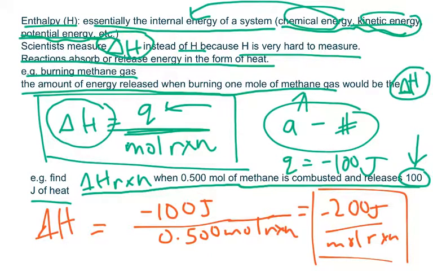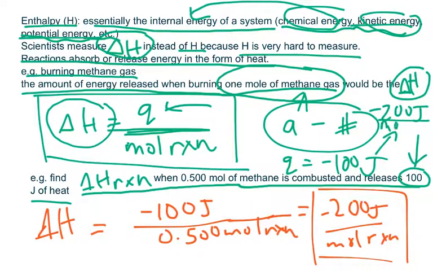So how do we find delta H? Well, delta H is the energy that's released or absorbed when 1 mole of methane is burned. So this is for 0.5 moles. So to get 1 mole, we simply have to multiply this by 2. And we get that the delta H is negative 200 joules for every mole of methane burned.